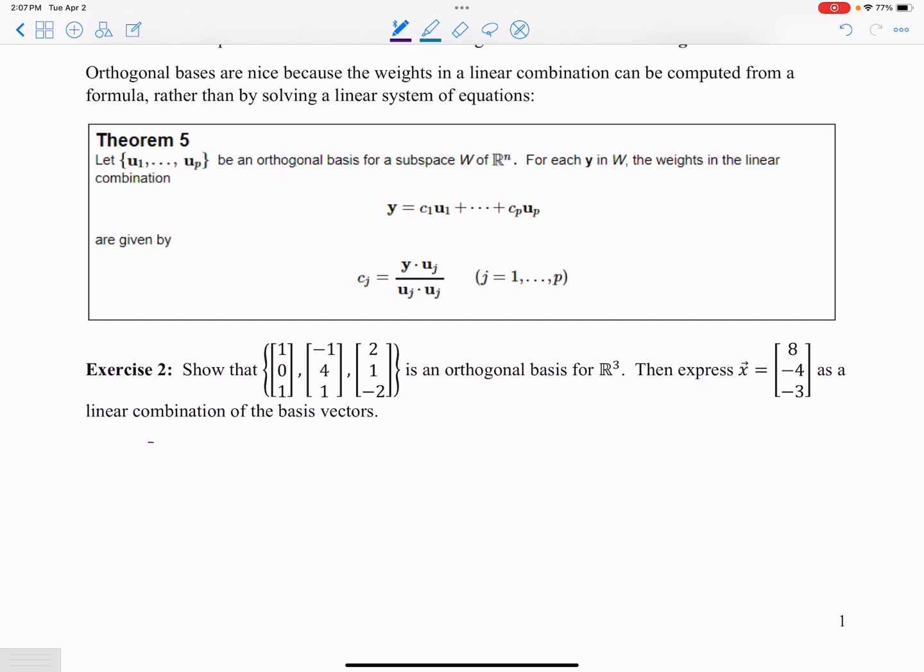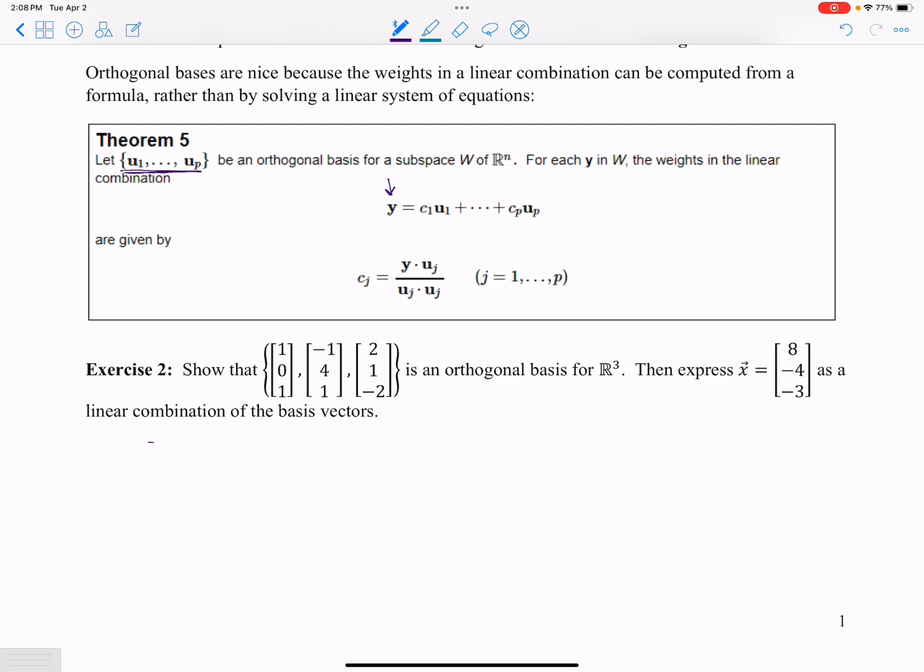Orthogonal bases are nice because the weights of the linear combination can be computed with dot products instead of solving a linear system of equations. So this theorem tells you that if you have a set of vectors u1 through up that create an orthogonal basis, then every vector y in the span of all the u's can be written in terms of them.